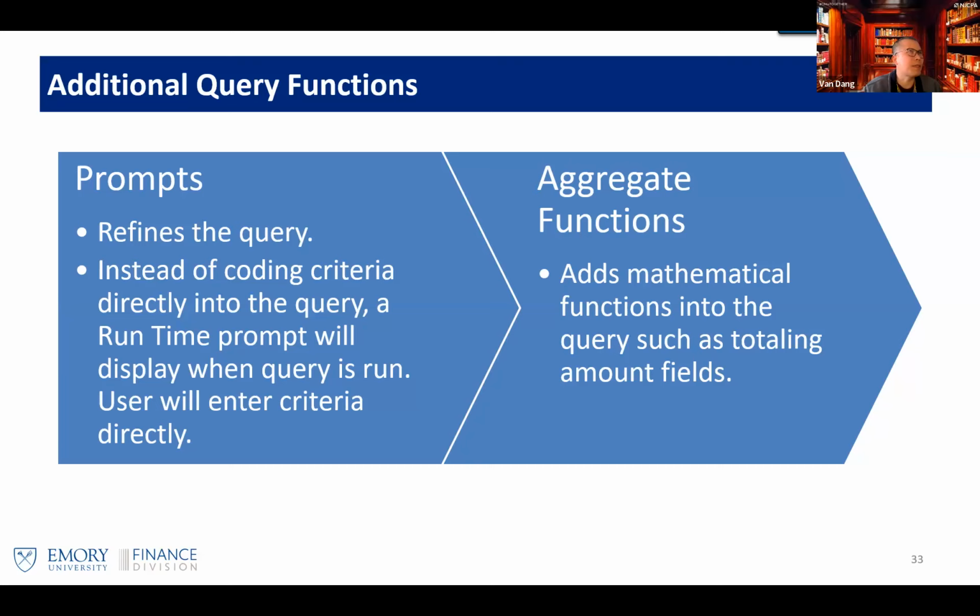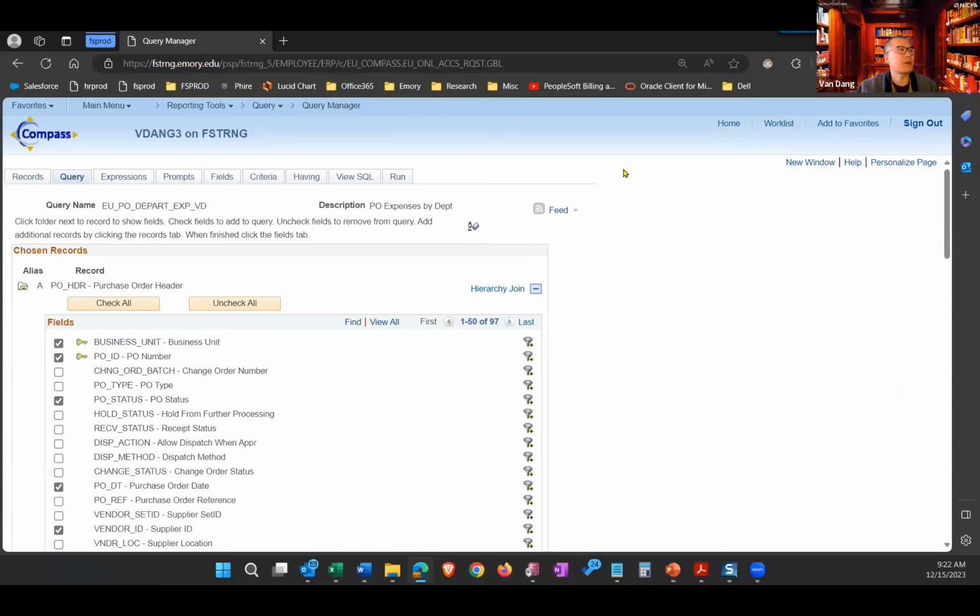Let's say you want to run something, and instead of hard coding in the date range, it asks you what date range you want to use, and then you would enter that into the query at runtime, and the query would take the prompts and return the values based on the prompts. So let me see if I can illustrate that with an example.